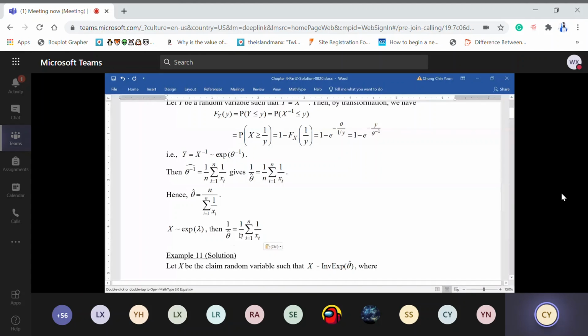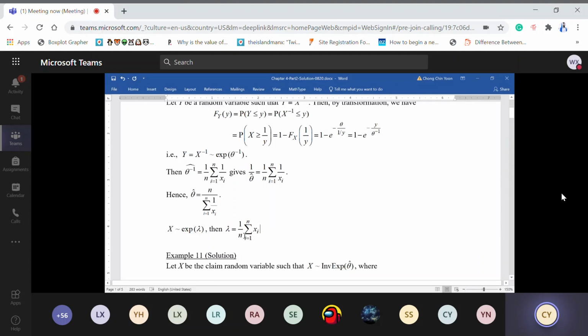Okay, so the parameter lambda will be equal to this. You hold on. Okay, so this one we have learned, right? Just how I have proven to you. If x is exponentially distributed with the parameter lambda, then lambda will be this.